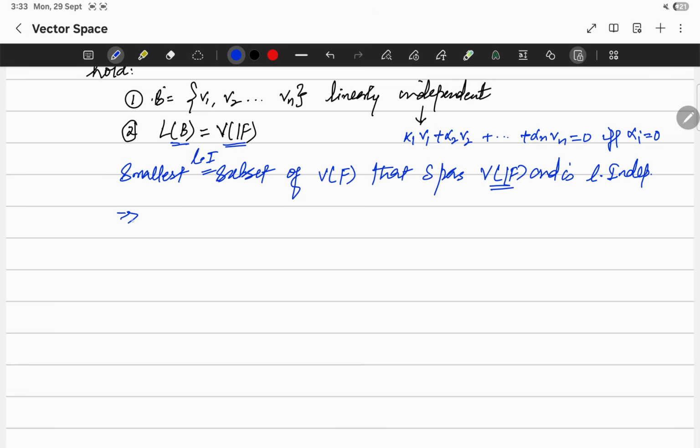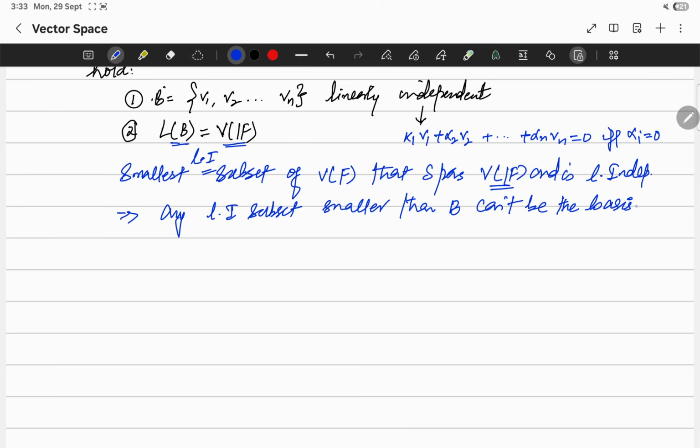Second, it means that any linearly independent subset that is smaller than B cannot be the basis.